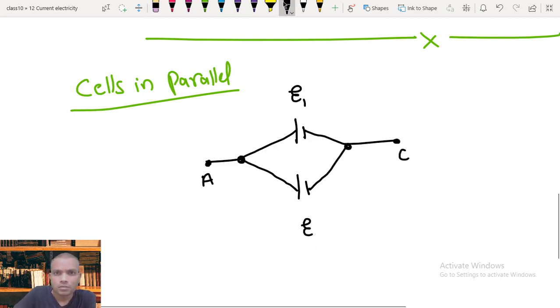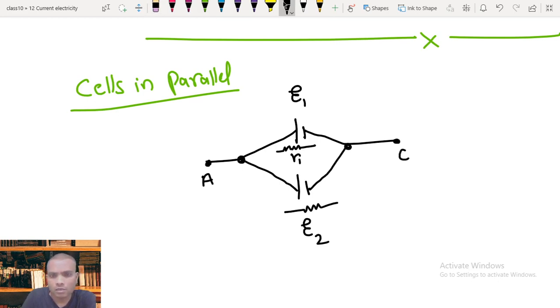And if we take the internal resistances, if I draw them separately, this is the internal resistance of cell 1, that is R1. And this is the internal resistance of cell 2, so this is R2.